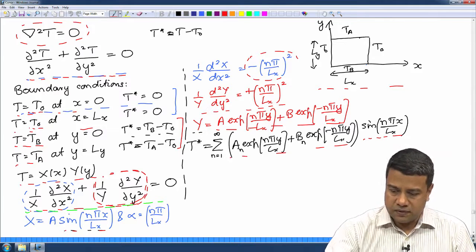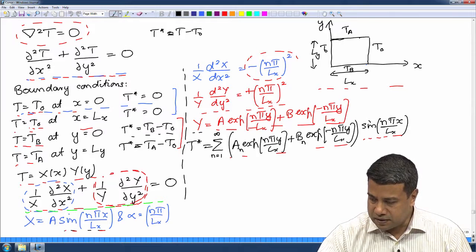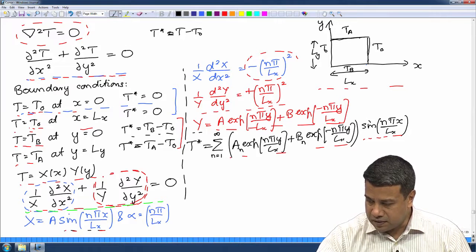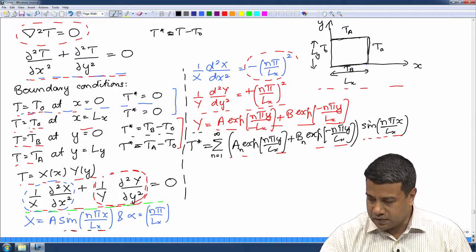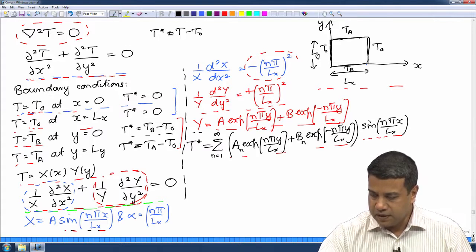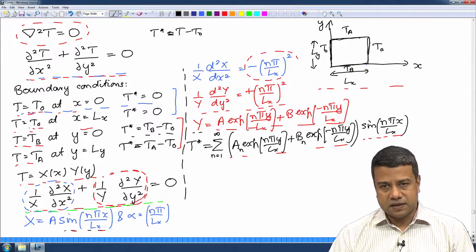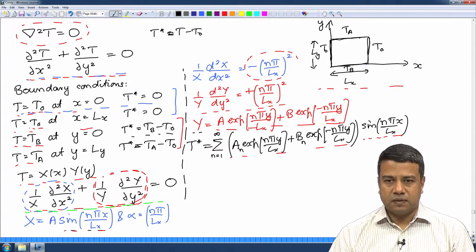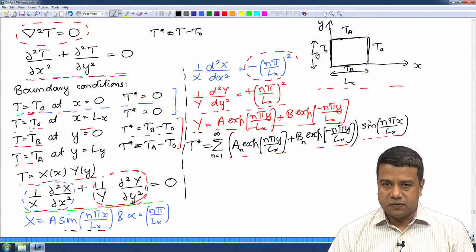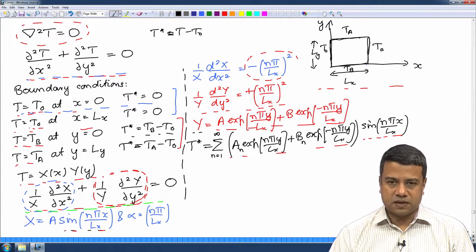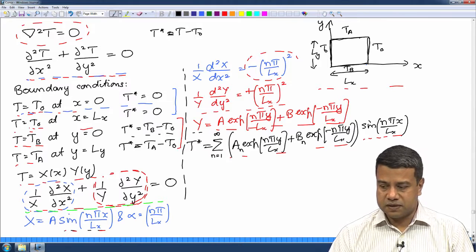And we had seen how to do that for the particular case of a rectangular geometry in a Cartesian coordinate system. Basically, what you are doing is you are expressing the temperature field as a sum of basis functions, all of which satisfy the homogeneous boundary conditions.